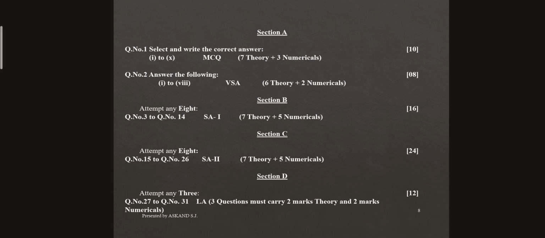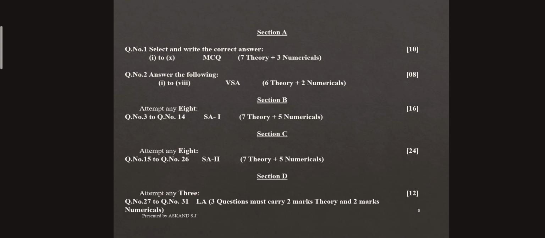In section B, the short answer type 1 questions, 7 theory questions and 5 numericals will be there. For section C, 7 theory questions plus 5 numericals will be there. And in section D, you will have 2 questions for theory and 2 for numerical. You can see here that your C section is going to be important.